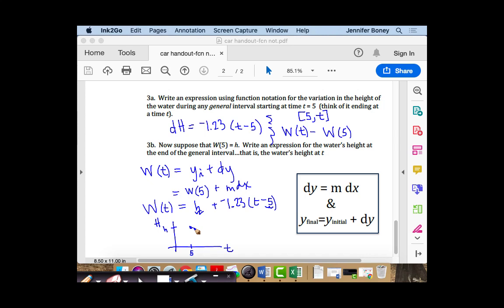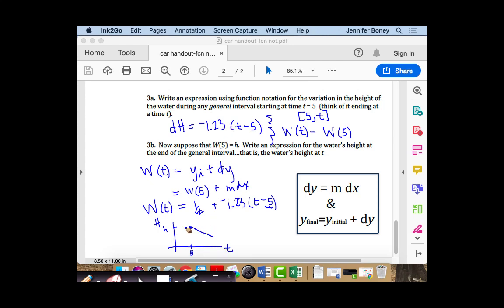And past that, I know that the height of the water was decreasing at a rate of 1.23 centimeters per minute. Meaning, the easy way, after 1 minute the height would be 1.23 centimeters lower. But after any number of minutes from this point in time or from any other point in time, the decrease in the height would be 1.23 times however many minutes had elapsed, and the height change would be measured in centimeters.